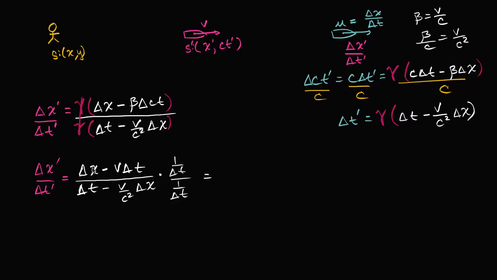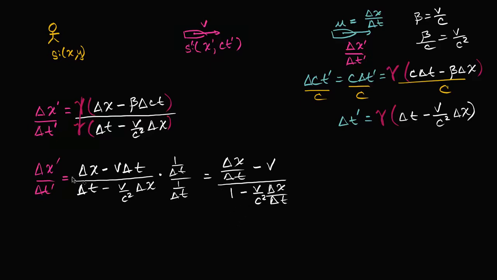Well, this first term is going to be delta x over delta t, which we know, and then we have minus v, because delta t divided by delta t is just 1. And then our denominator, delta t divided by delta t is just 1, and then we're going to have minus v over c squared, times delta x divided by delta t.